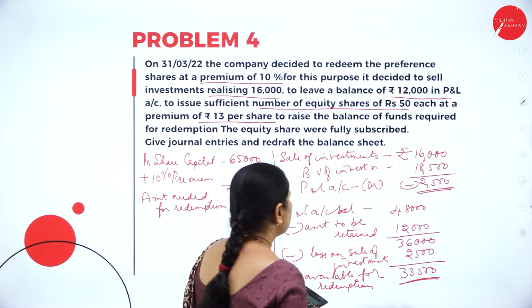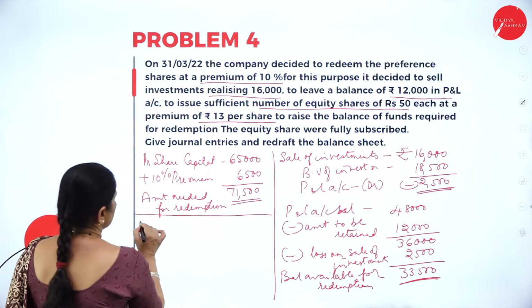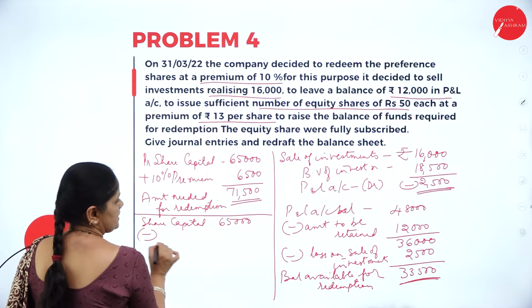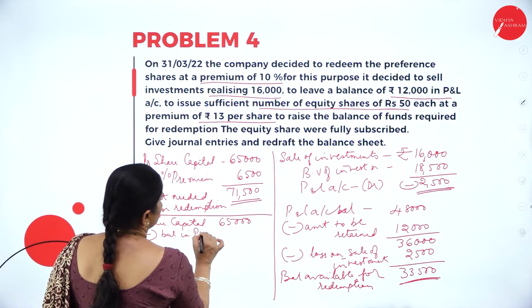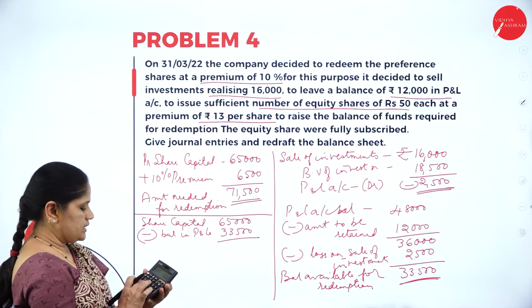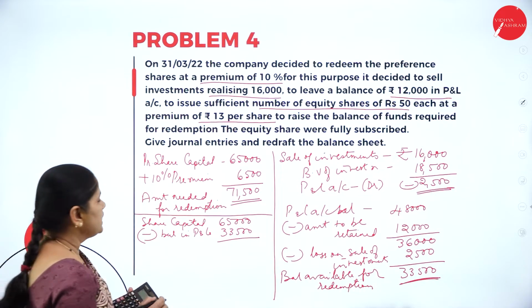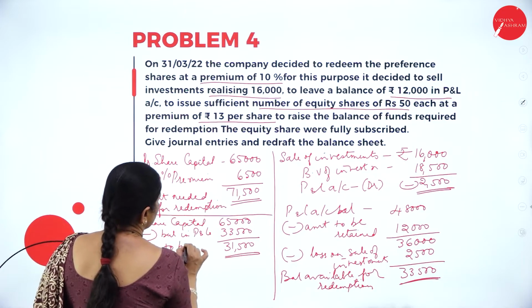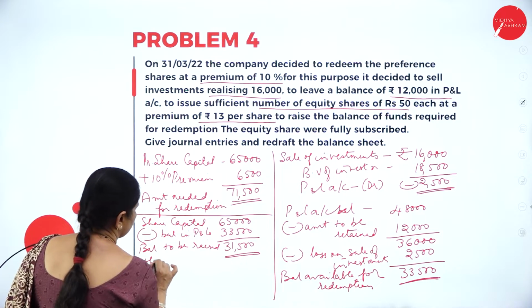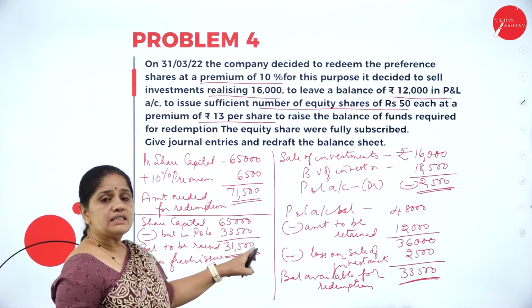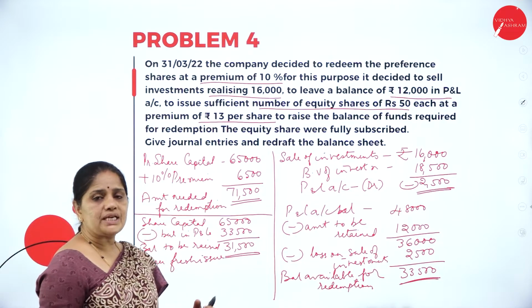So we have to find the number of equity shares to be issued. 65,000 minus 33,500, so 31,500 we need to be raised through fresh issue, from the issue of equity shares.